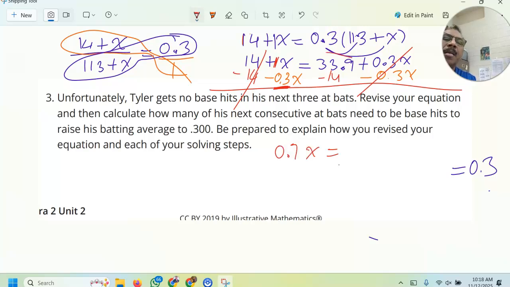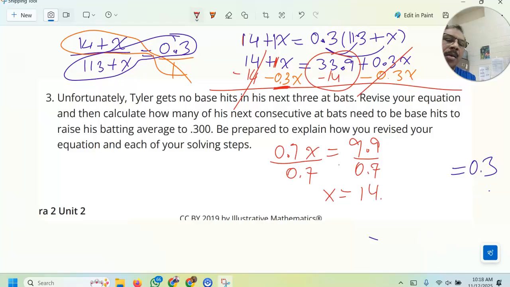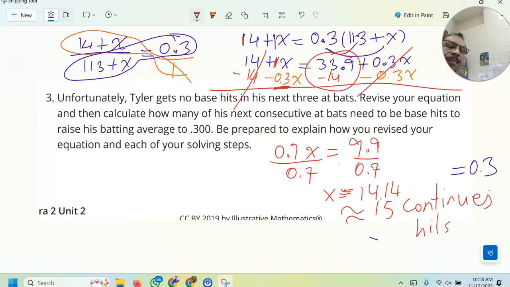And this will work out to be 19.9, and then divide by 0.7. And when you do this, you get x equals 14.4. It means he has to have at least 15 continuous hits.